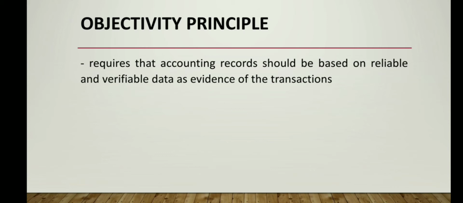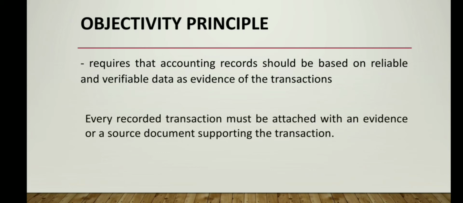So take note that every recorded transaction must be attached with an evidence or a source document supporting the transaction. So for example, if the business purchased an air conditioning unit for cash, when recording that transaction, it should be supported or attached by the official receipt.